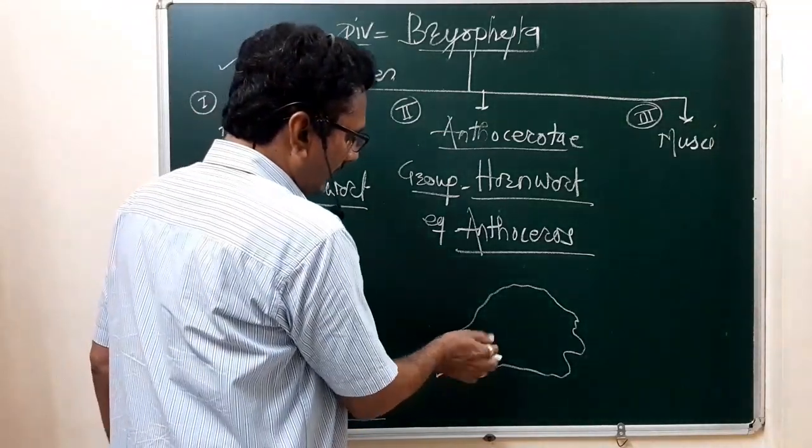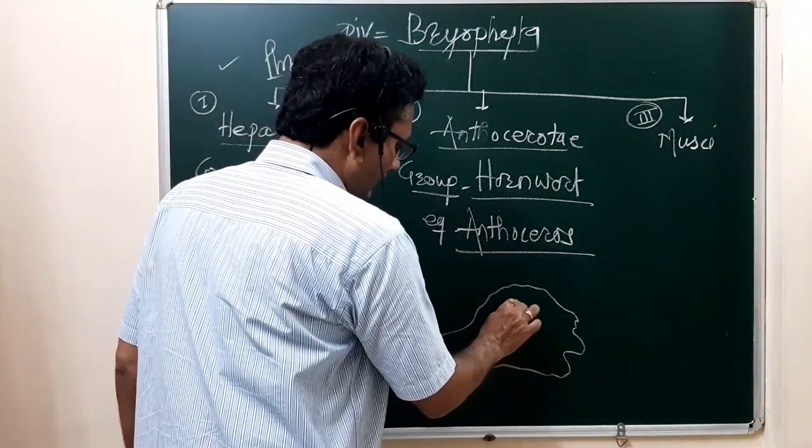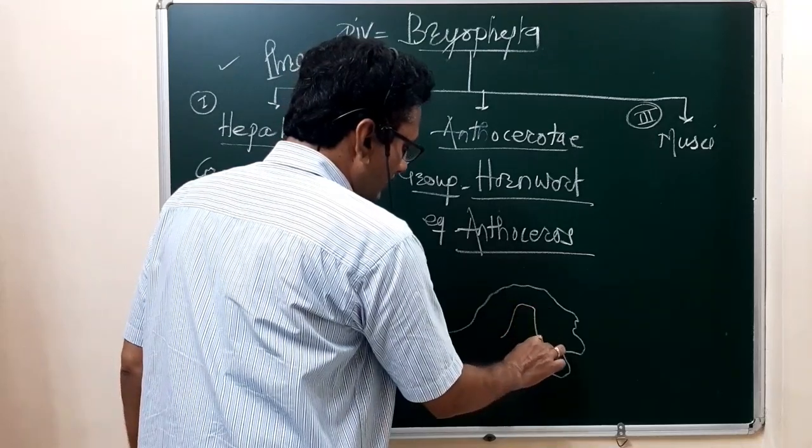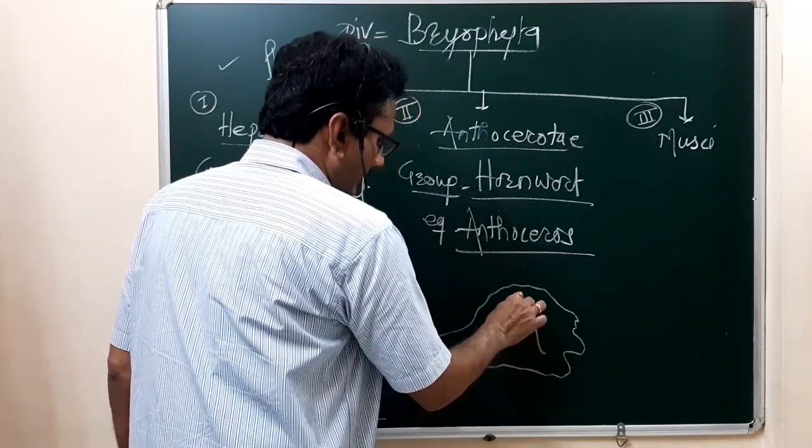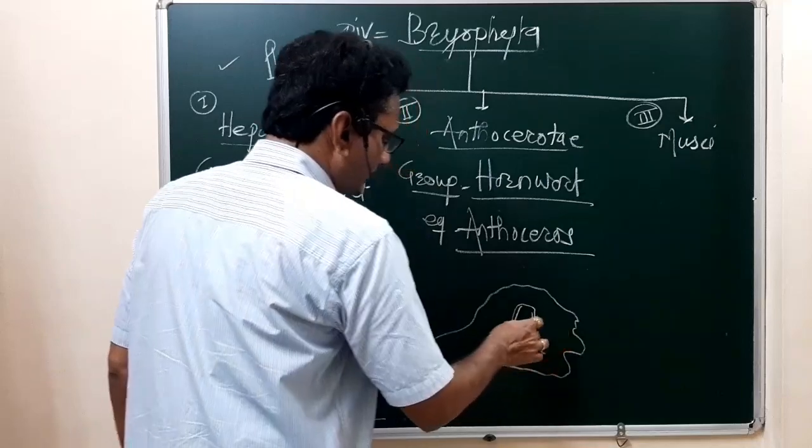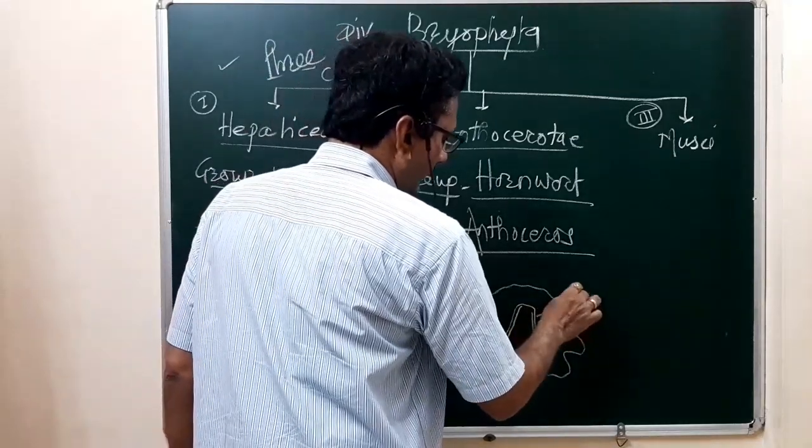From this thalloid plant body, a tube-like structure develops, and that tube-like structure is called the involucre.